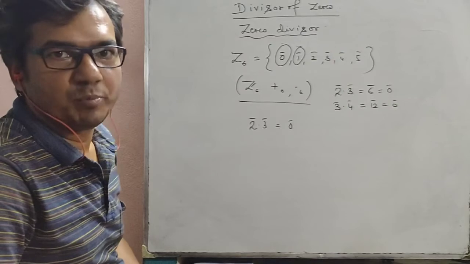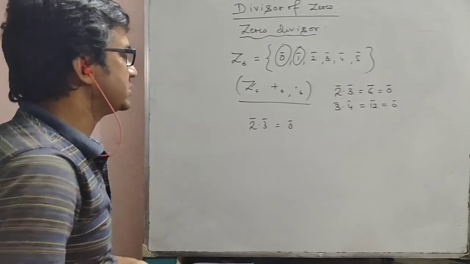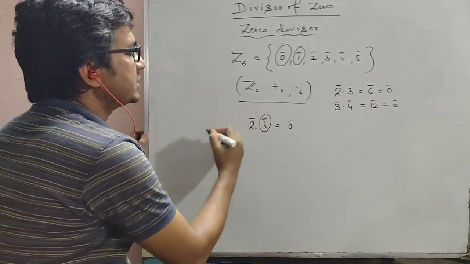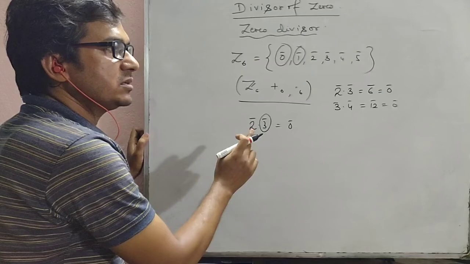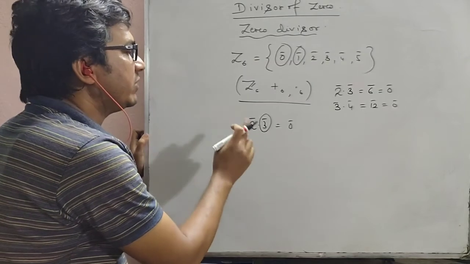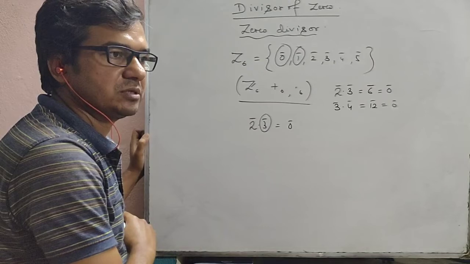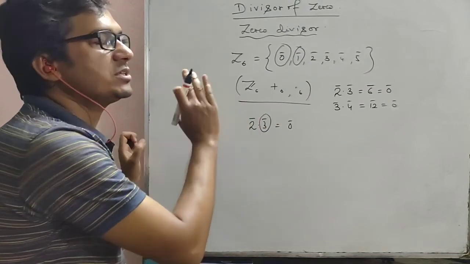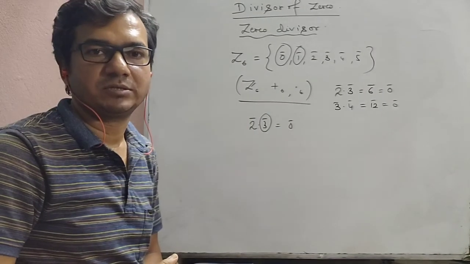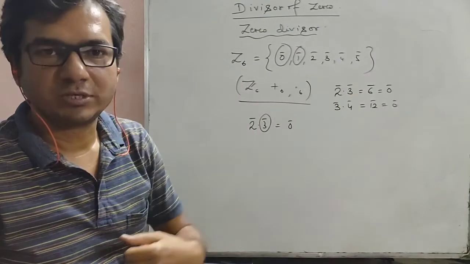And this type of element, that is 3 class, is a divisor of 0 for 2 class, and 2 class is also a divisor of 0 for 3 class, and similarly for 3 class and 4 class.